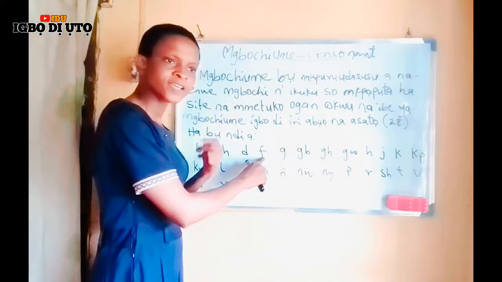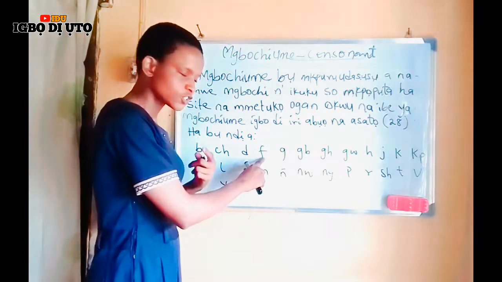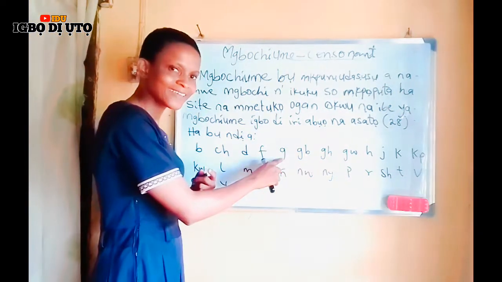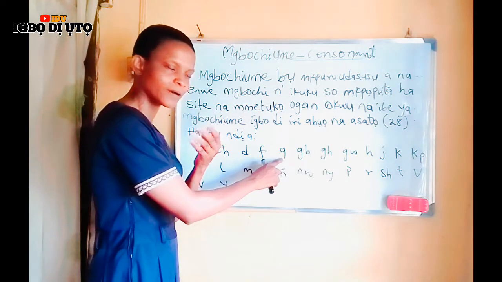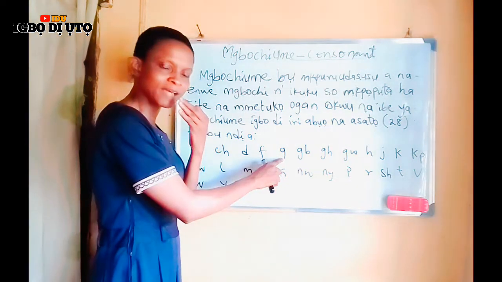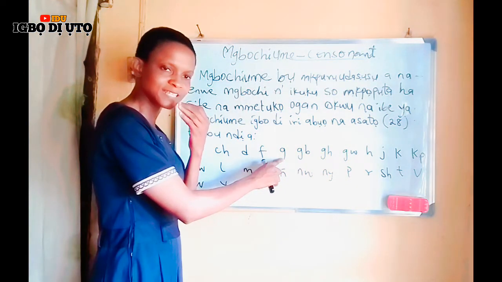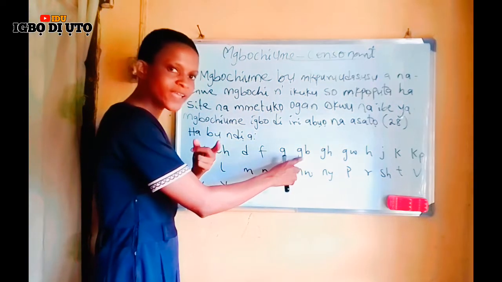Look at the f. My teeth touch the lower lip. Ch, g. See, obstruction in the air that comes out from my mouth. Even my tongue comes down. My teeth touch my tongue a little.